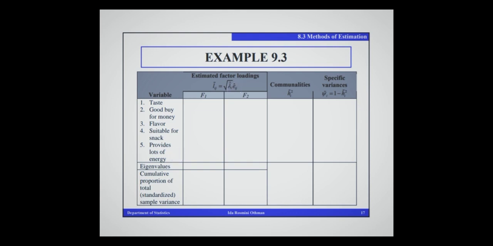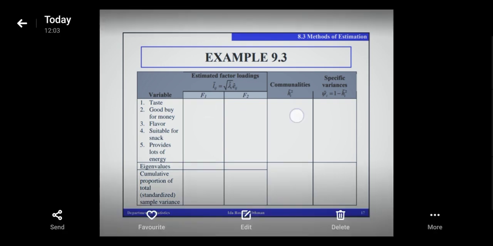Okay, the formula is this one. Square root of lambda multiply the element from the normalized eigenvector. And then we need to create the communalities. Remember how to find the communalities: you square each value of L and then total up all the squares of L here, you akan dapat communalities.